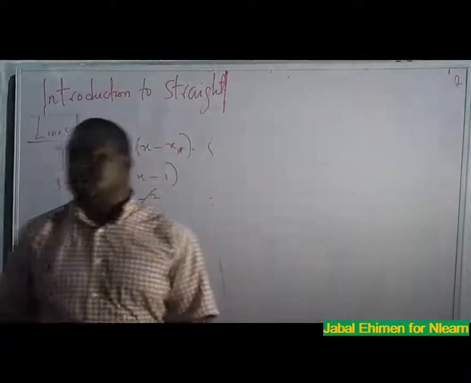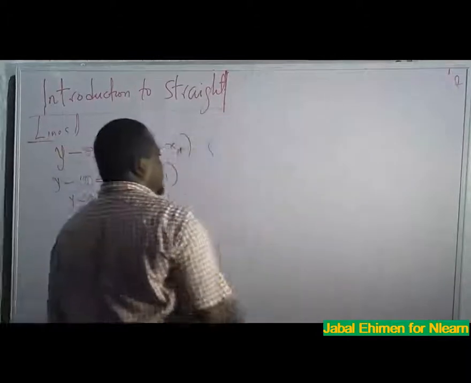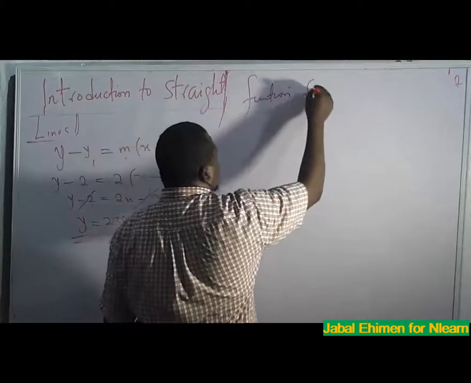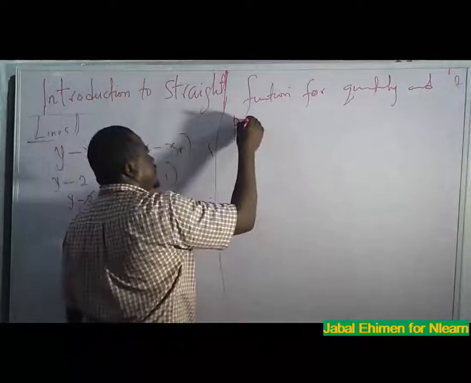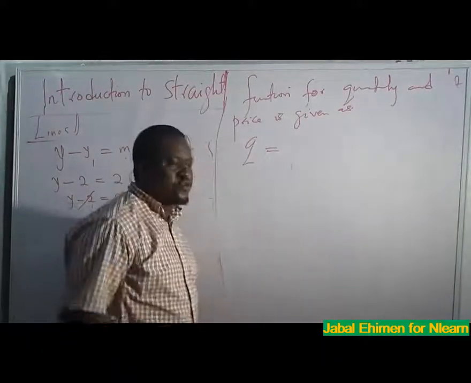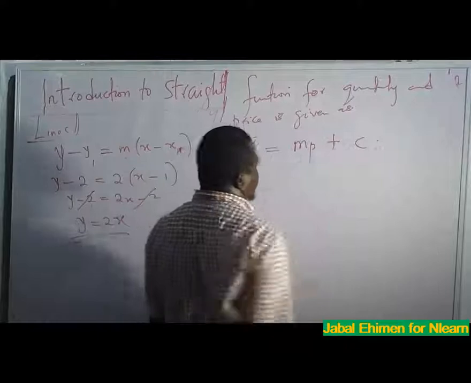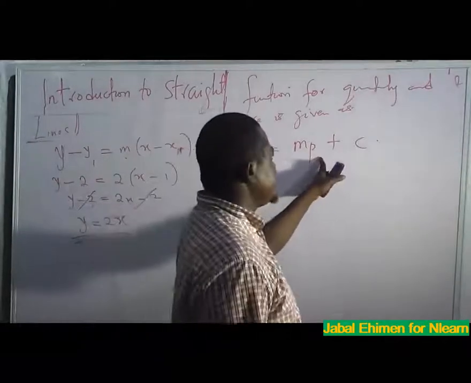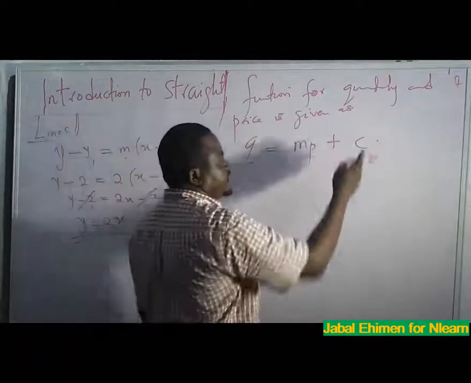When plotting your demand curve and price analysis in economics, you can have a general function for quantity and price given as Q is equal to mP plus C. Q is the quantity demanded, P is the price, and C is the intercept of your curve line.